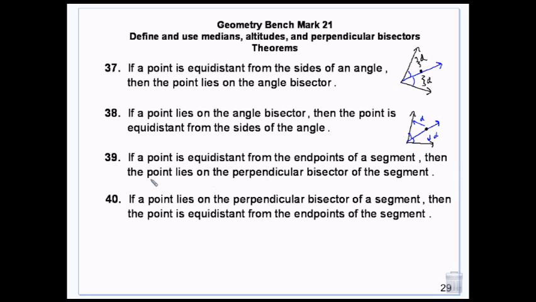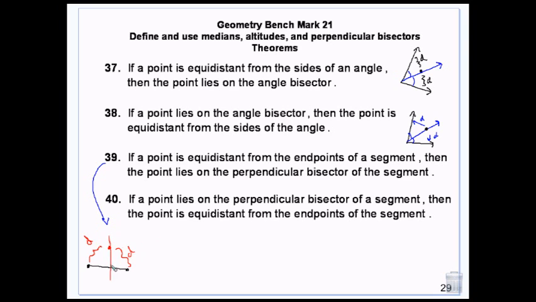If you are on a segment, sorry, you're not on a segment. There is a segment, right? And you have endpoints, and you have some point out in space, and these 2 distances are the same to the endpoints.